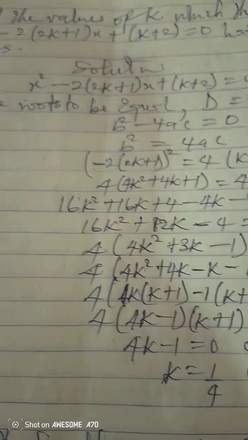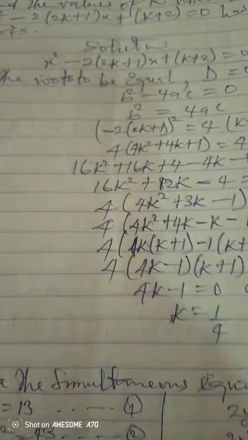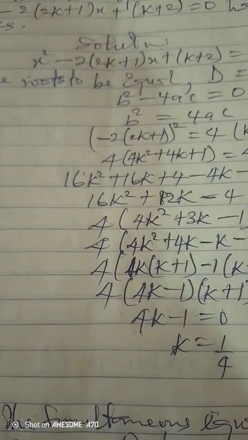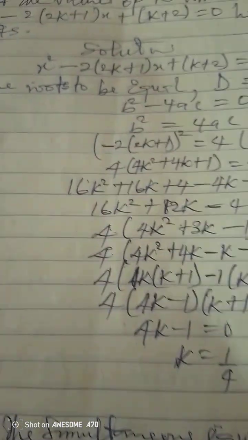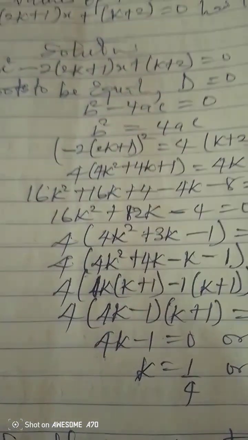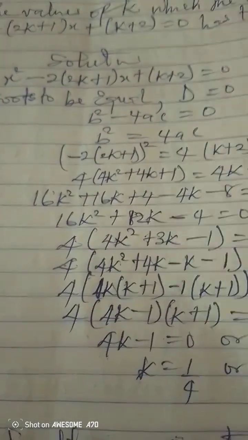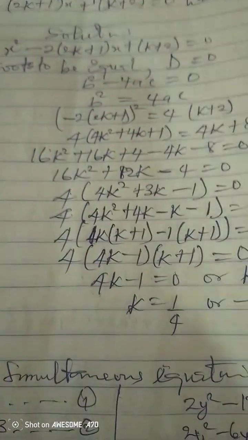Taking a, b, and c from the given equation, b is minus 2(2k plus 1). So we have (minus 2(2k plus 1)) all squared equals 4 times a times c, where a is 1, the coefficient of x squared, and c is k plus 2.